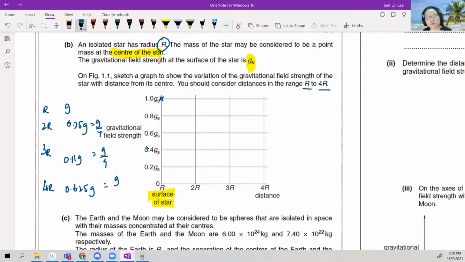Then this one is an old question. Because it's an old question, you don't get the graph grid, but you can roughly estimate, I guess. 2 is somewhere here. This is only 2 marks. 3 is somewhere here. 4 is here. So that's a smooth curve.